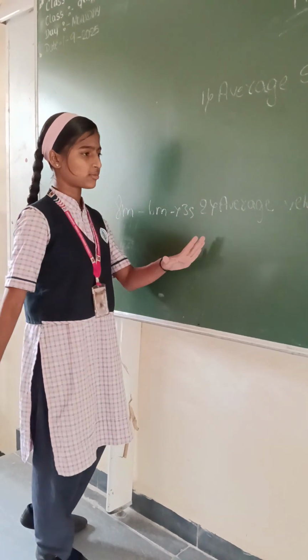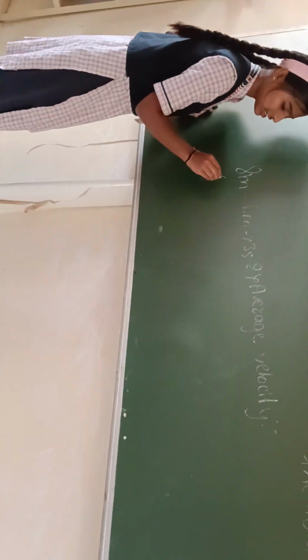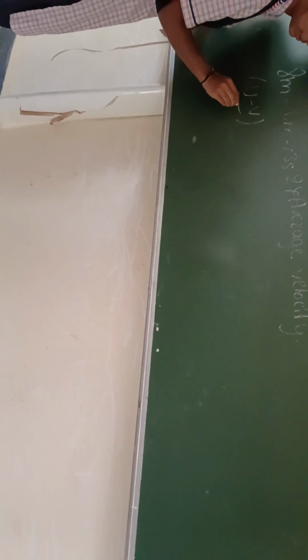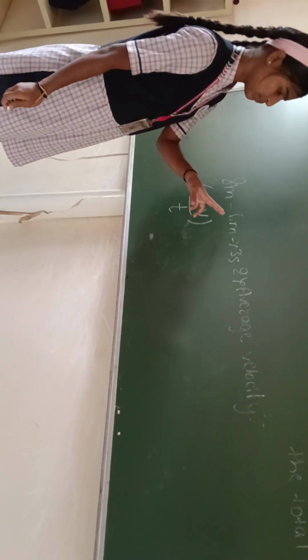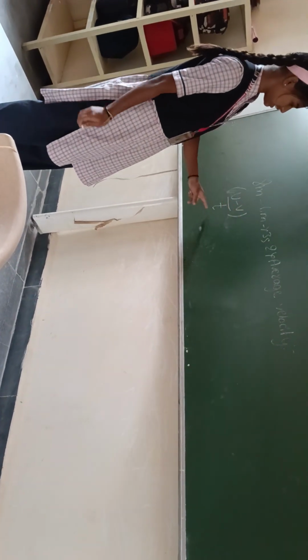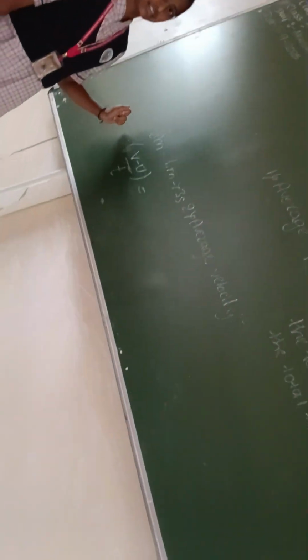We use the formula for average velocity: V minus U divided by T. I write the initial position, zero is the starting point, the final position and 3 seconds. First calculate by V minus U divided by T. Or average velocity is U plus V divided by 2.